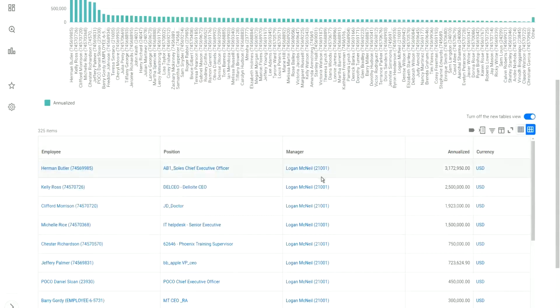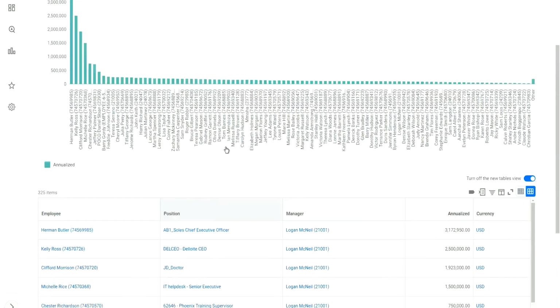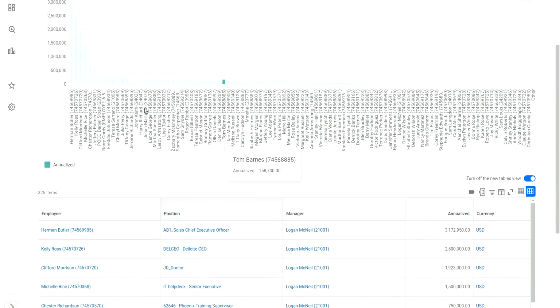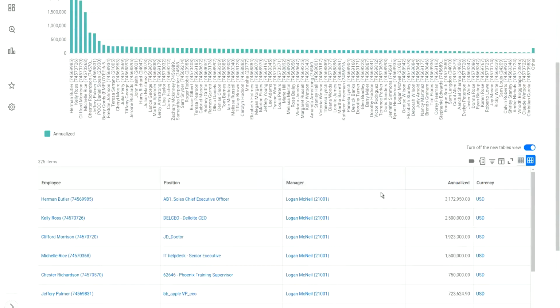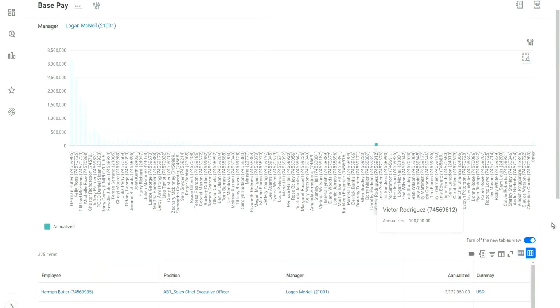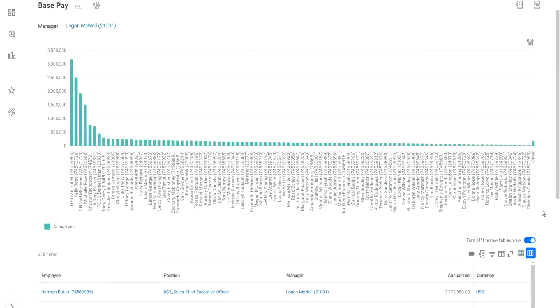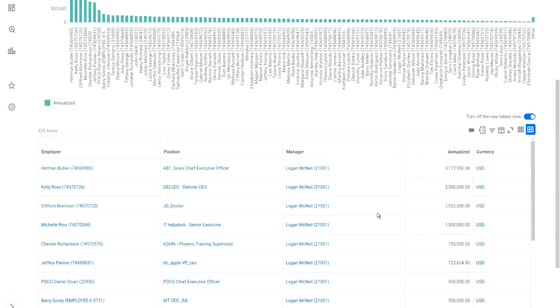And you see that? Herman Butler and his salary is given. We have Kelly Ross, and their salary is also given. And this chart: can anyone tell me, is there an order or a sequence in the way this chart is given, or the values are organized?